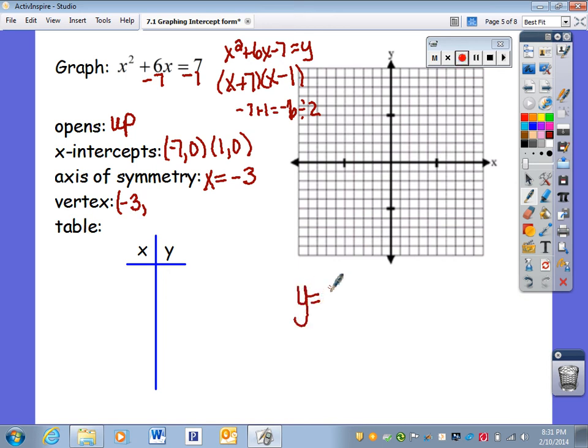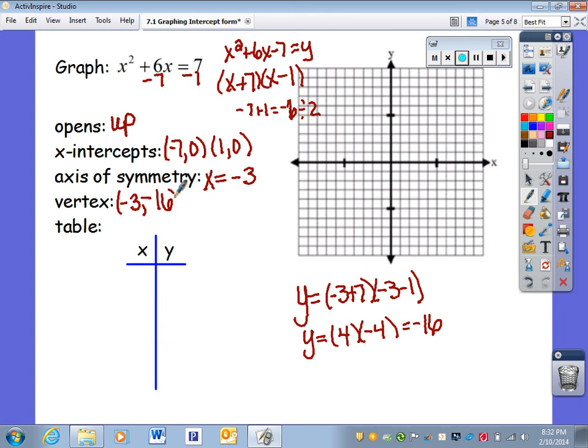So we know that y equals -3 plus 7 and -3 minus 1. So y then is equal to +4 and -4, which means that's going to be at -16. So our vertex is at -3, -16, and we have our x-intercepts at -7, 0, and at 1, 0.